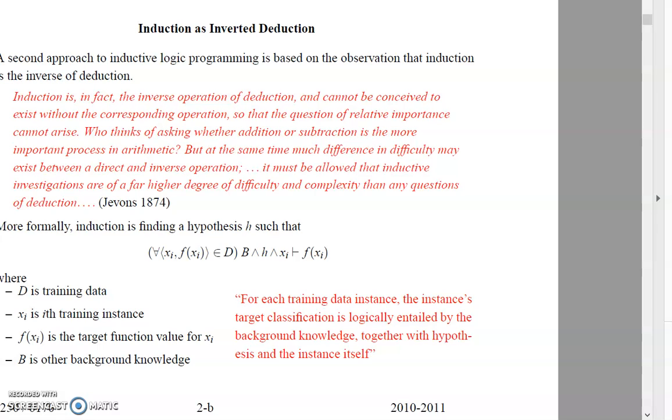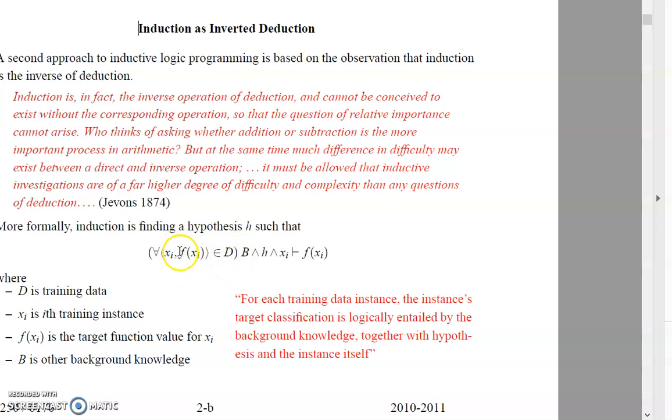So here you see one expression: for all given xi and f of xi, where xi is the ith training instance and f of xi is the target function or target concept of the particular instance. These are all the set of instances.